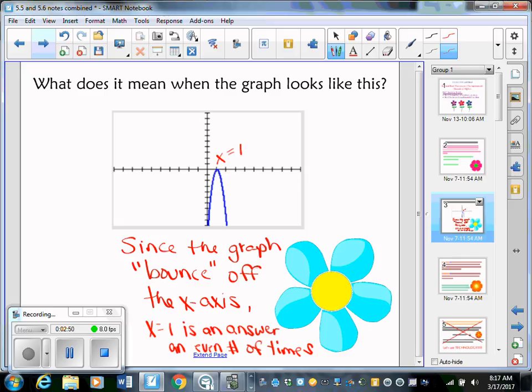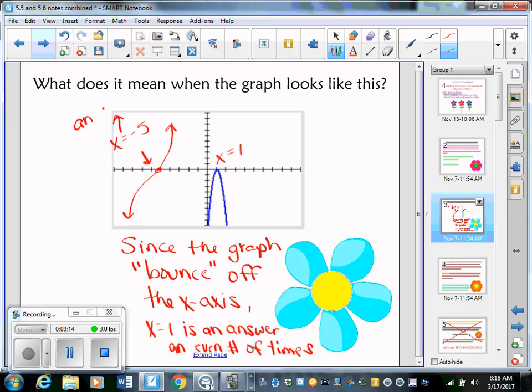So what does it mean if it goes all the way through it? It shows up once, or 3 times, or 5 times, an odd number. So if you have a graph that actually goes through, that would be an answer. What is that? 1, 2, 3, 4, 5. Negative 5. X equals negative 5.